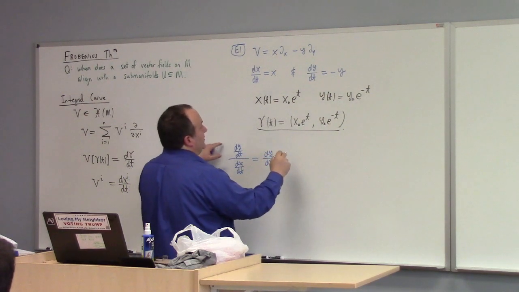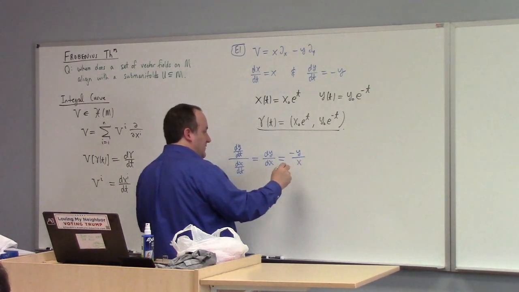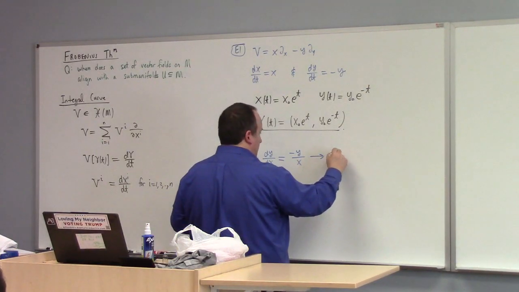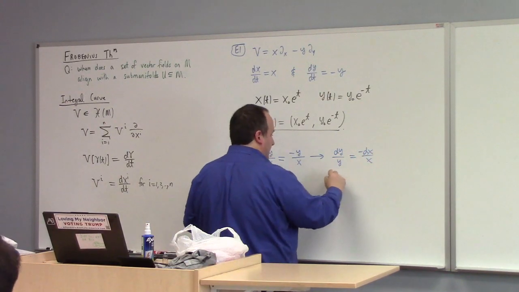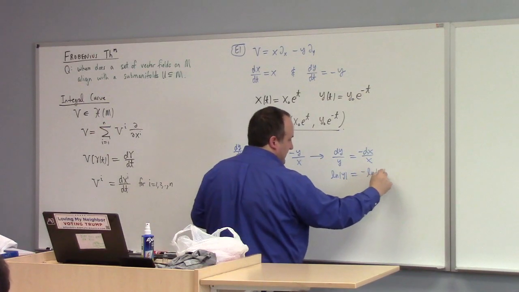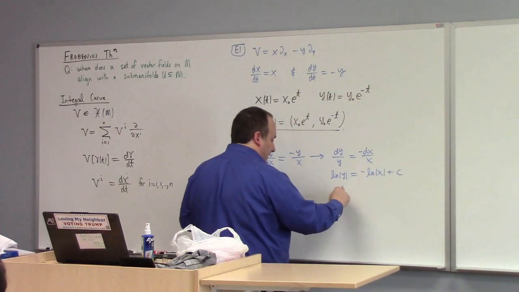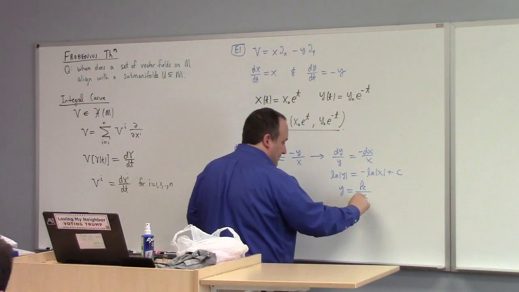But that's also minus y over x, which gives dy over y equals minus dx over x. Natural log of the absolute value of y equals minus the natural log of the absolute value of x plus a constant. So we get y equals a constant divided by x.